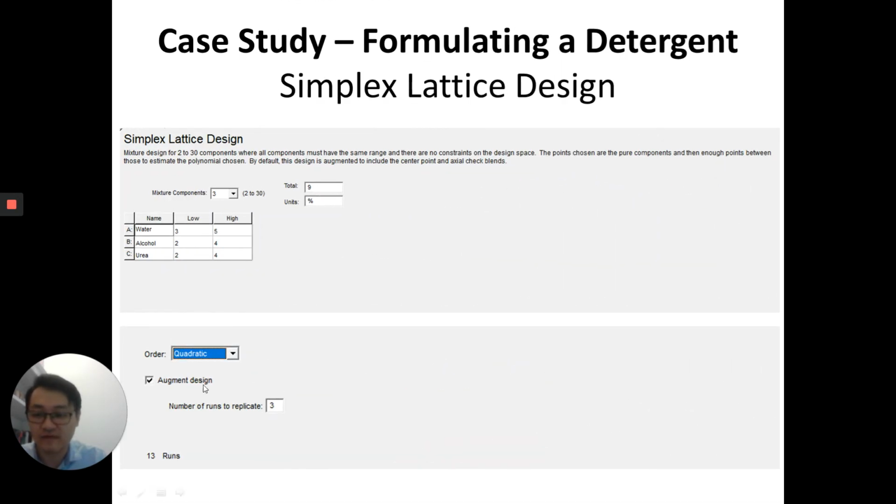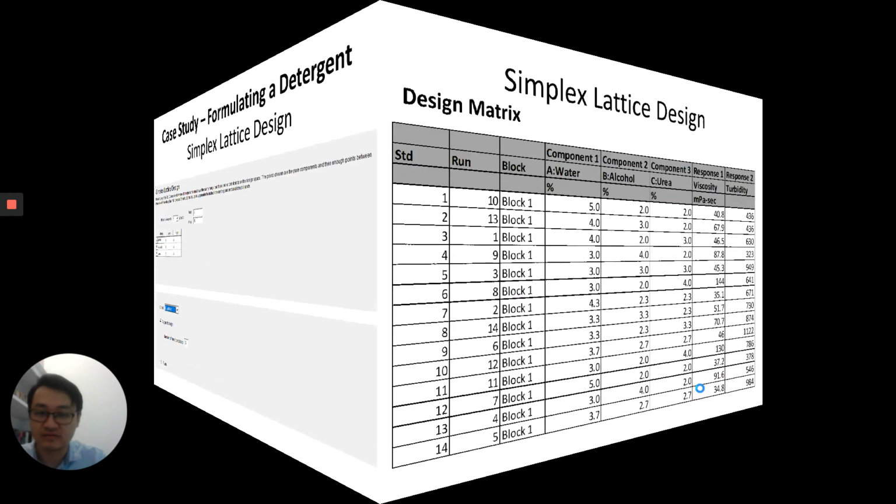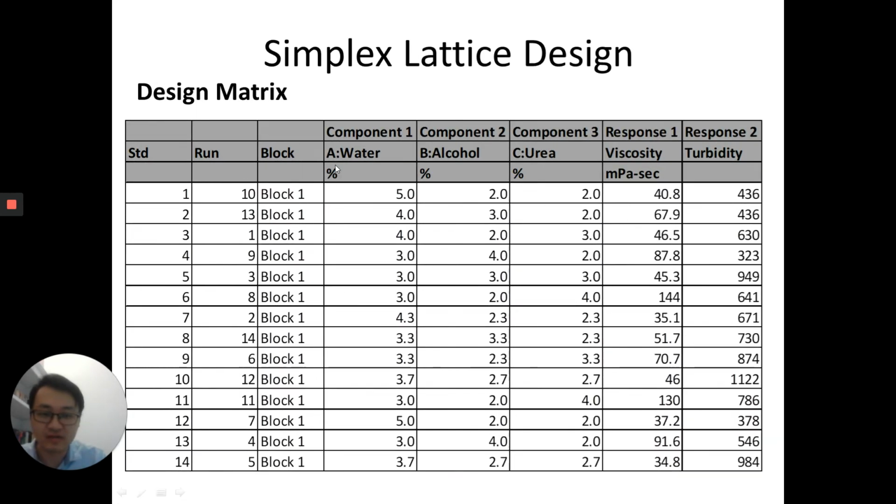And it involves the augment design here and triplicates. So these are some of the examples. The formulation will not exceed 9%, because we just now already set 9. So anyhow, when you add water, alcohol, and urea, it won't exceed 9%.